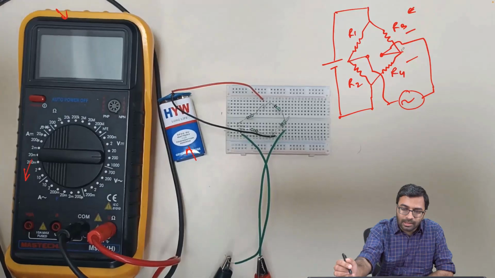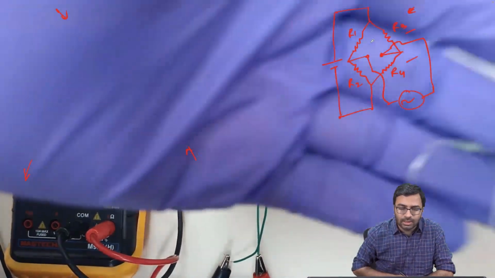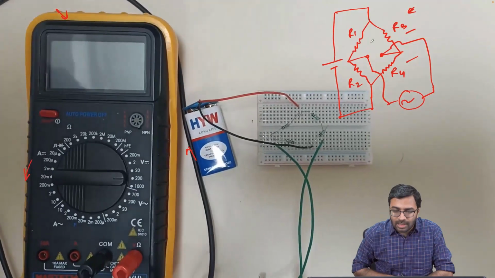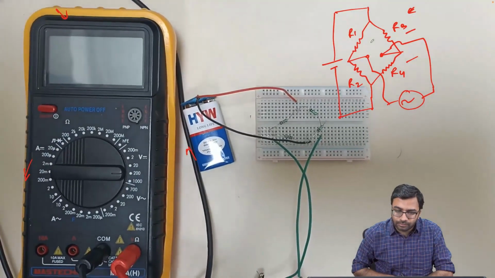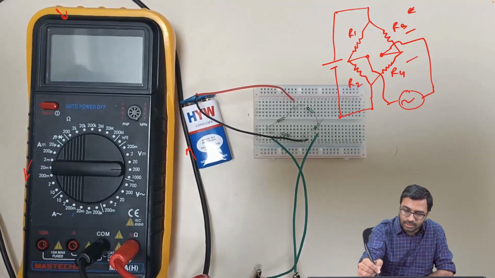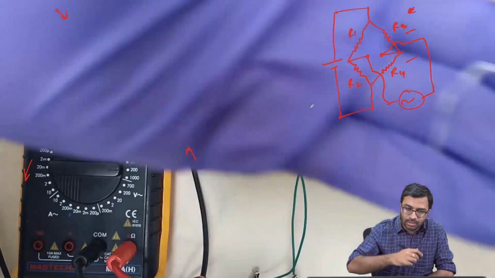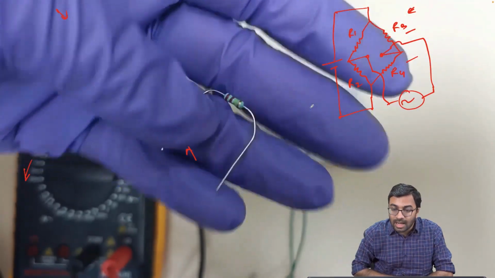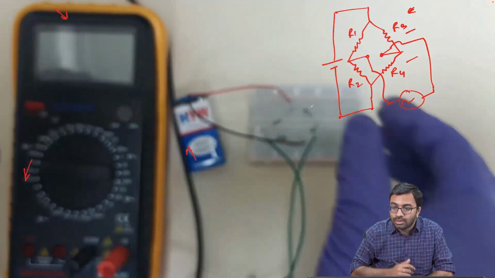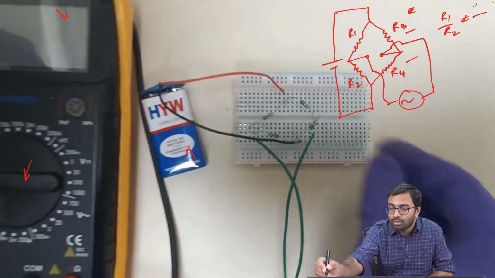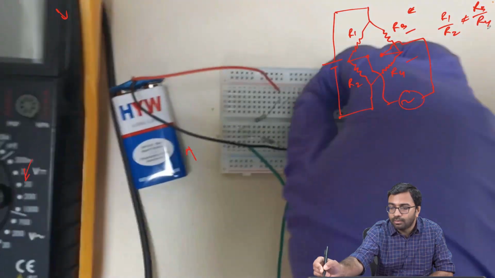Now what we will do is we will make this entire Wheatstone Bridge circuit unbalanced. We have taken another resistor, and now we are replacing one of those used resistors with a new resistance value or new resistor, so that R1 by R2 is not equal to R3 by R4.